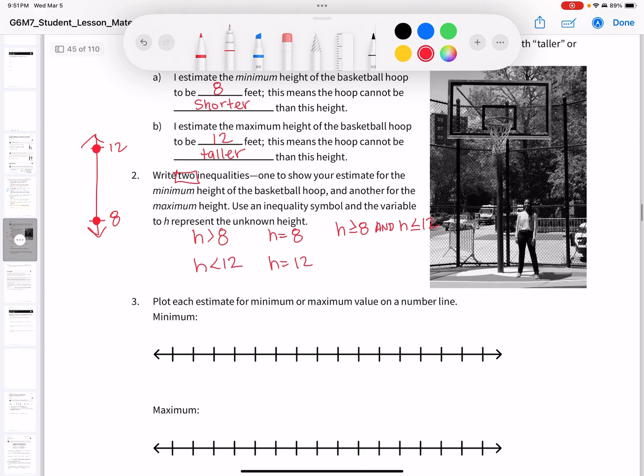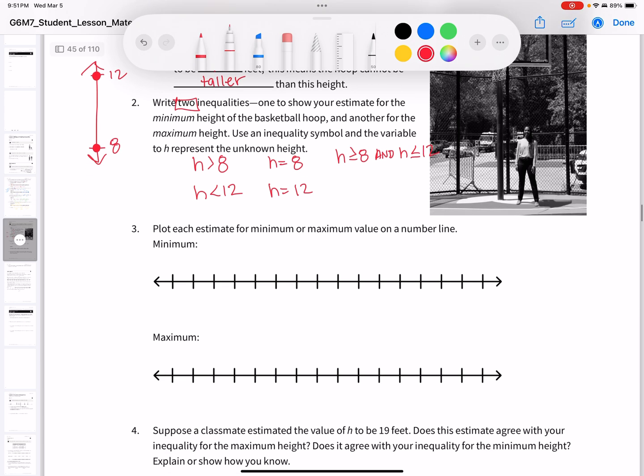Now, plot each estimate for the minimum and maximum value on the number line. So the minimum, we'll just say this is 8, right? So there's 8. The minimum is 8. And if we were just talking minimum, then any number above the minimum would work, right? But now let's talk about the maximum. So the maximum is 12, right?